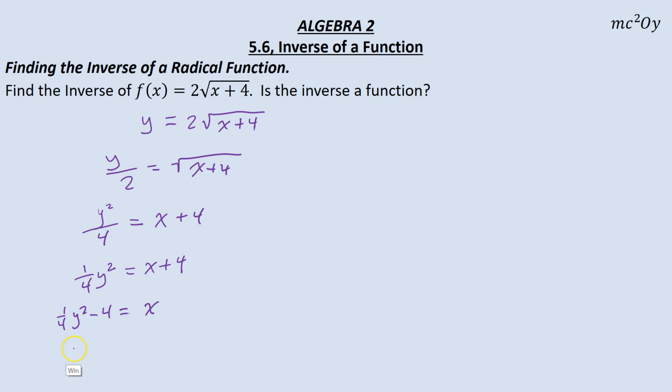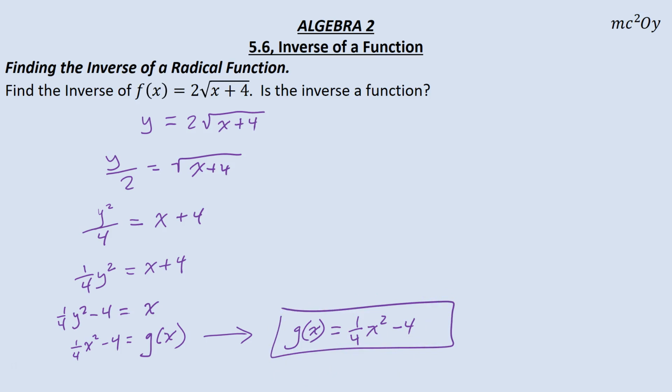I'll interchange the x and y, so I get 1/4 x squared minus 4, and we're going to call that g of x now. There's my inverse. I know that this is a quadratic.